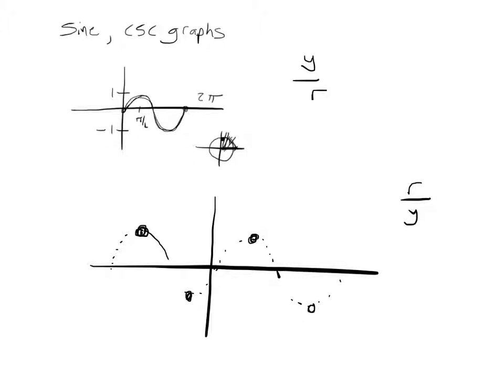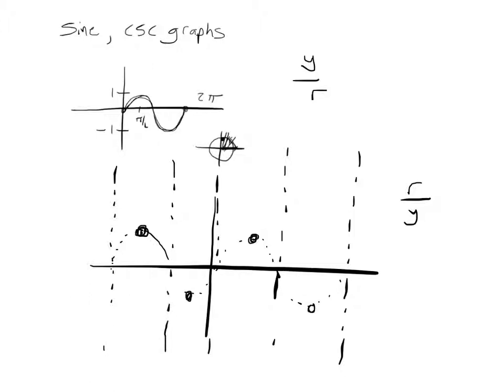I then want to consider reciprocals of 0. If I've got the sine graph here, the reciprocal of 0 does not exist, and that's where my asymptotes are going to be for that cosecant graph. So everywhere where the sine graph is 0, the reciprocal of 0 does not exist, and that's going to give me some asymptotes. And then I think through, what's the reciprocal of a very small positive number, say here or here? The answer is a very large positive number.